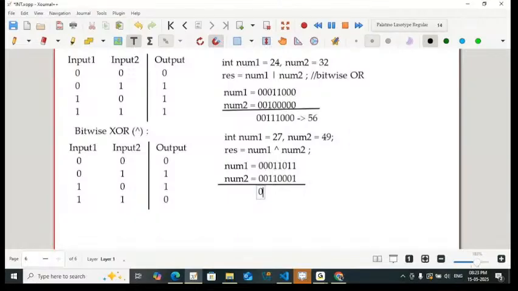So here 0, 0, 1, 0, then 1, 0, 1, 0. Okay. So the decimal equivalent is 1, 0, 1, 0, 1, 0.